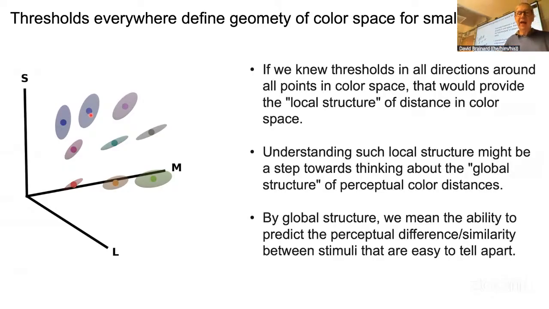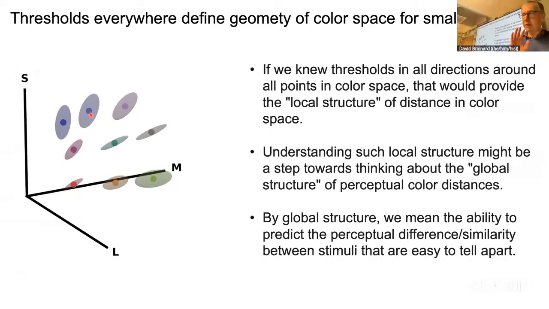And I would argue that understanding that is the first step toward understanding things like, how different are two things that we can easily tell apart? How different do they look in their colors? But we'd like to start with this local thing, and then toward the end of the talk, I'll tell you what we think we've learned, or how we're approaching this question of whether the local structure does tell us anything about things that are further away.